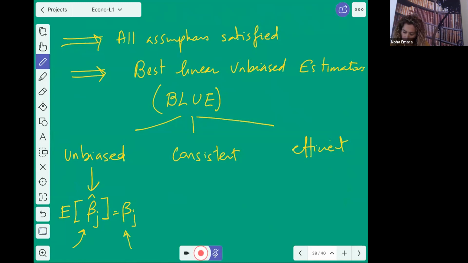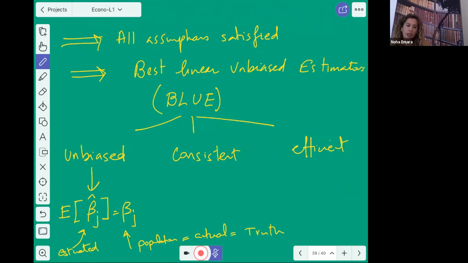The population is the actual, the truth. And this is the estimated using Stata or any other statistical software, or by hand if you're doing a simple model.